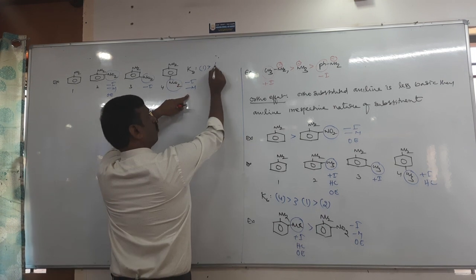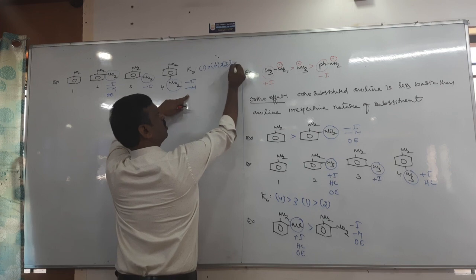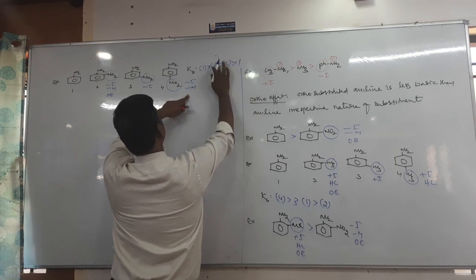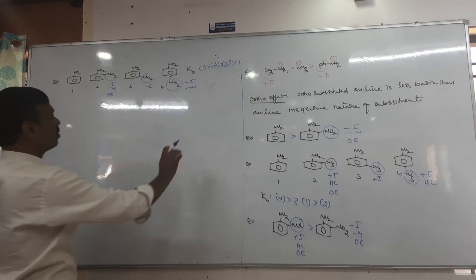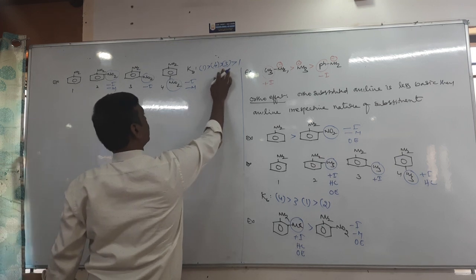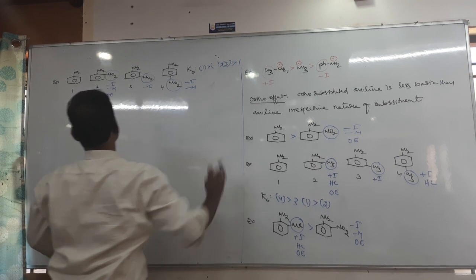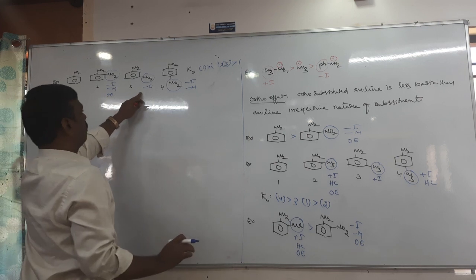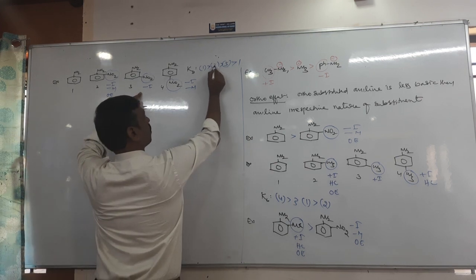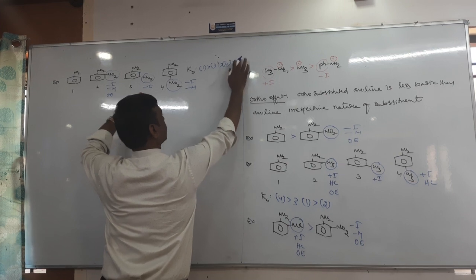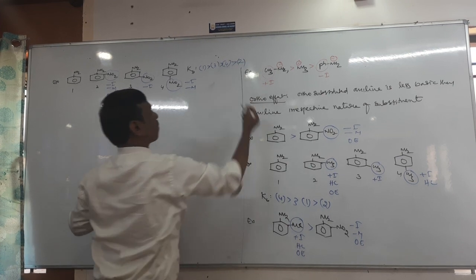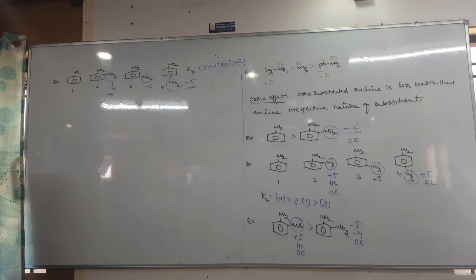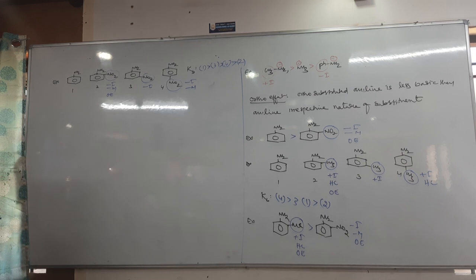So, 1 then 3, then 4, then 2. So 1, 3, 4, 2 is the order of basic strength. Okay, next one more.